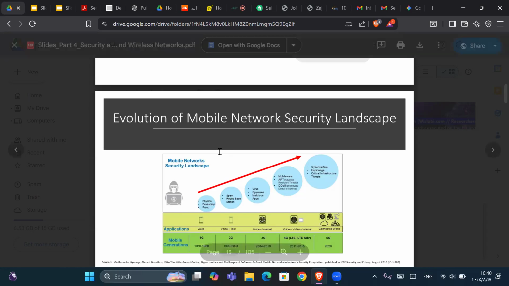So what are the security threats that we need to take care of or be aware of? We have physical eavesdropping, fraud, spam, rogue base stations, viruses, spyware, malicious apps, mobile malware, APT, DDoS, cyber warfare, espionage, and critical infrastructure theft.